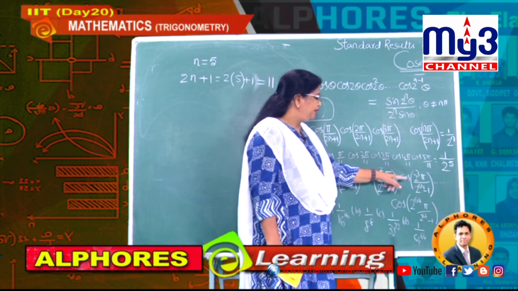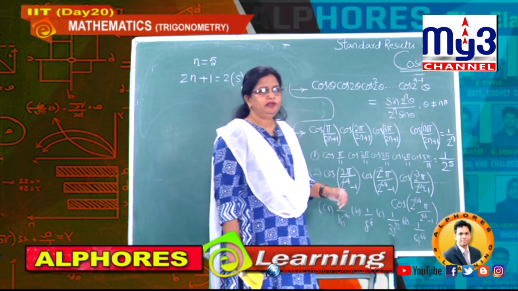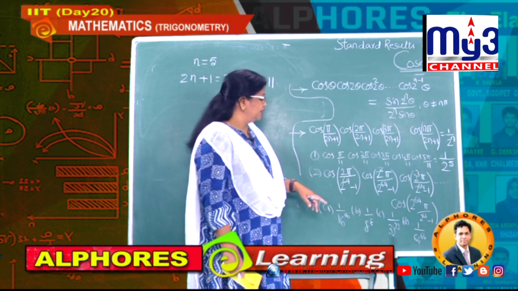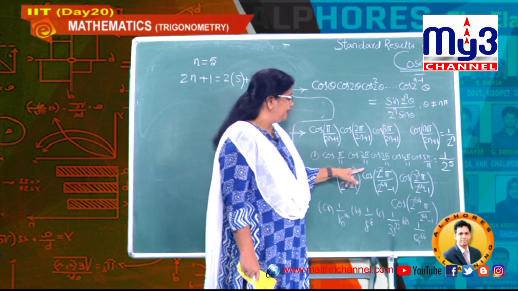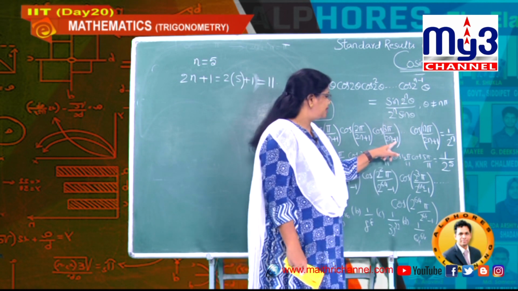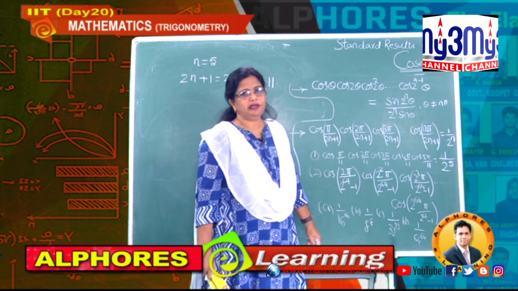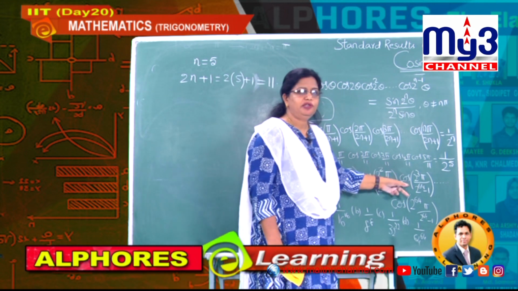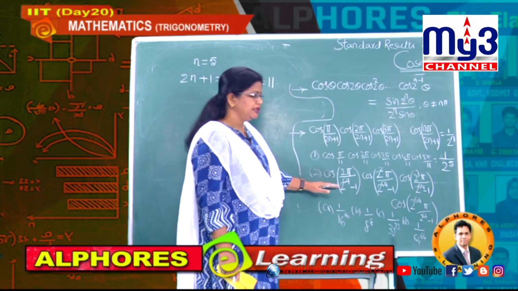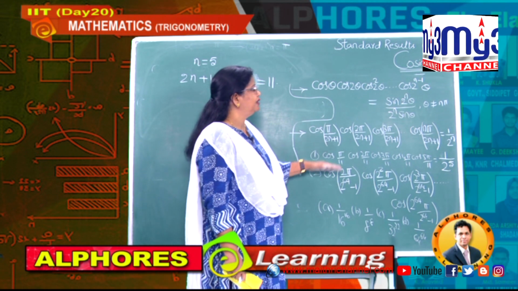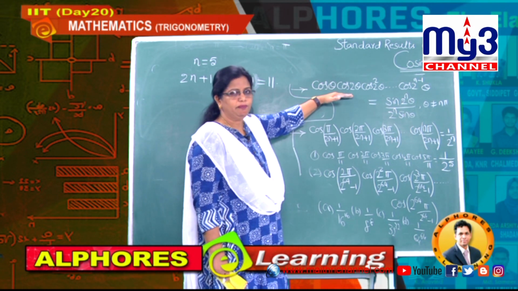And next what happened here? 2 cube. 2 cube means what is the value? 8. So you got here 1 into 2 pi, 2 into 2 pi, then we expect for this result 3 into. But here it is not actually 3 into. You got how much? 2 cube. That means the second result will come under which standard form here? The first standard form. Got it?